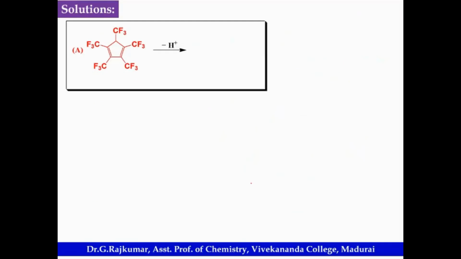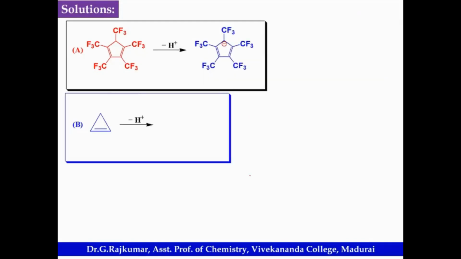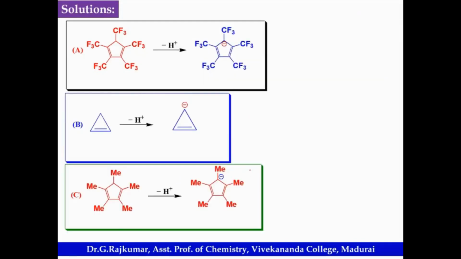Look at this. After losing proton, among these three, this compound is aromatic. In the presence of an electron withdrawing group, the aromaticity increases. This is anti-aromatic, and this is also aromatic. Compare A and C. C is more aromatic.